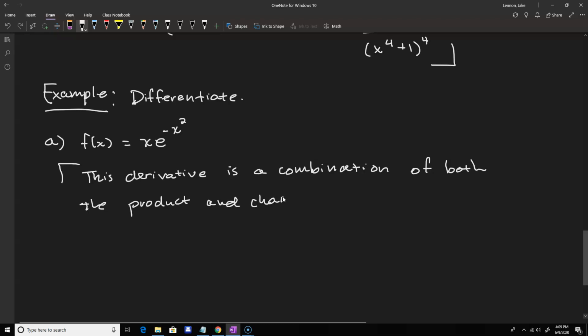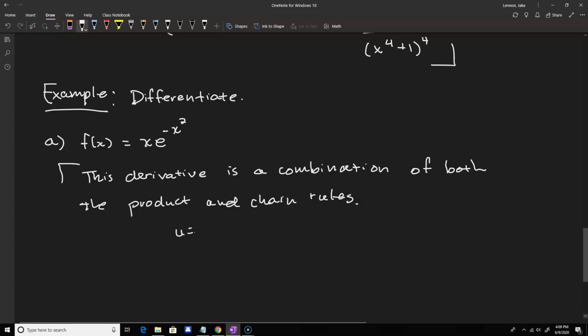And the reason that is the case is because we have a product of a linear factor x times an exponential type thing, e to the negative x squared, and e to the negative x squared actually has a polynomial plugged into the exponent. So we're going to have a chain rule to find that derivative.